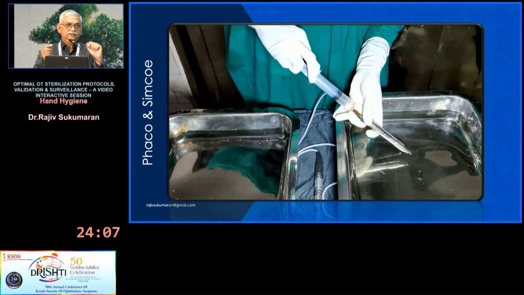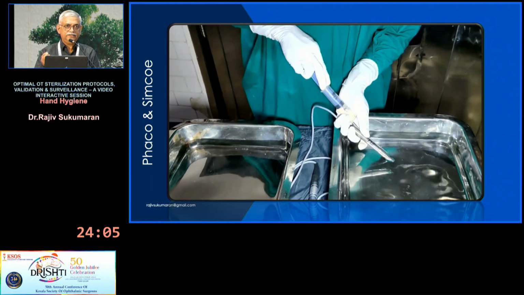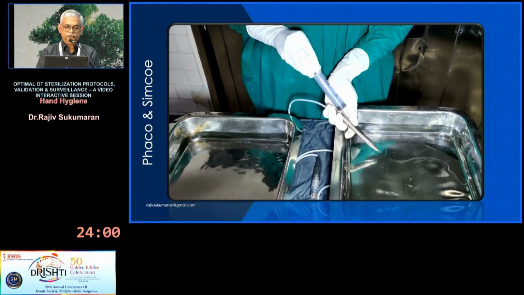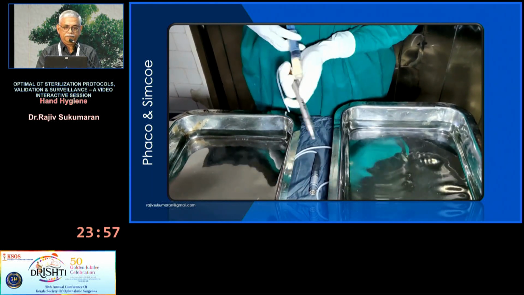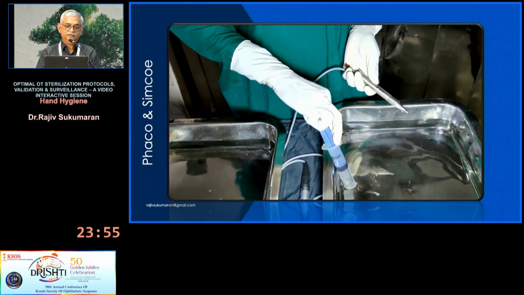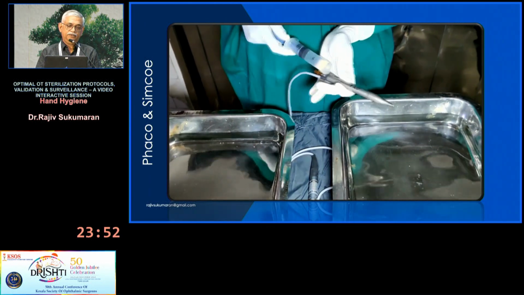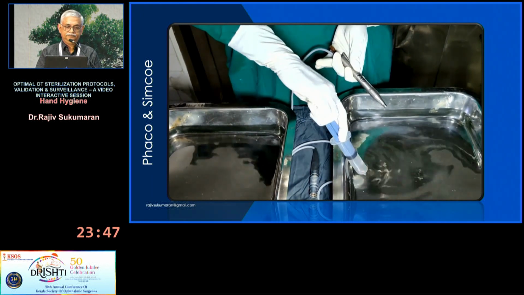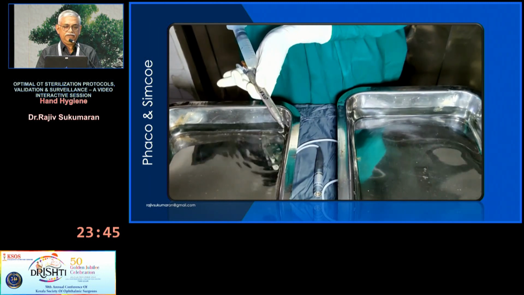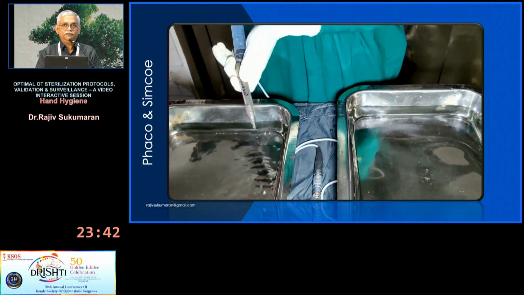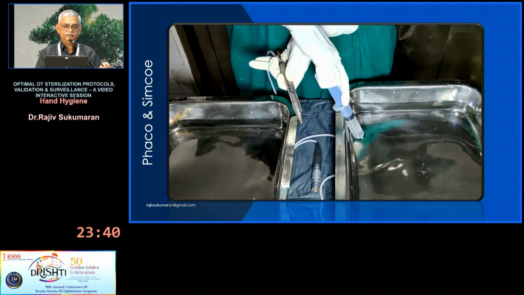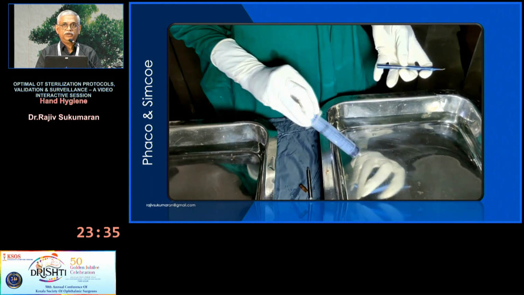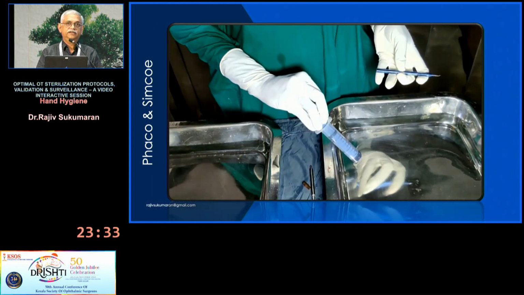In the phaco handpiece, the nucleus piece is sucked in one direction, and the infusion goes through the other. This is the proper way of cleaning the irrigation port. About 200 ml of distilled water should be injected to clean the handpiece. Better to avoid RO water for cleaning.